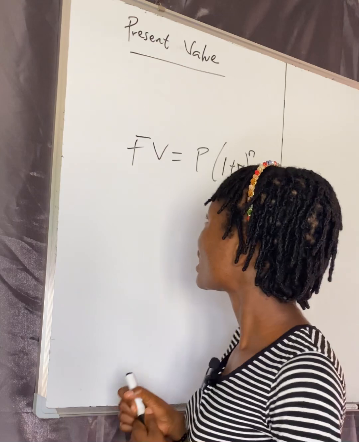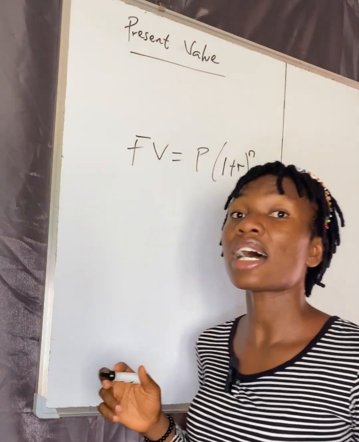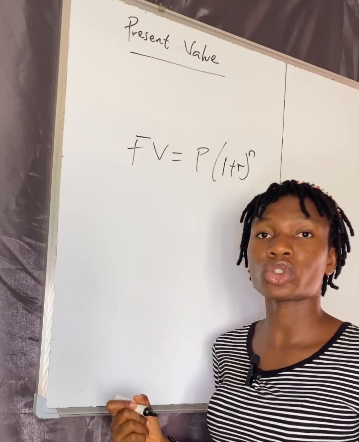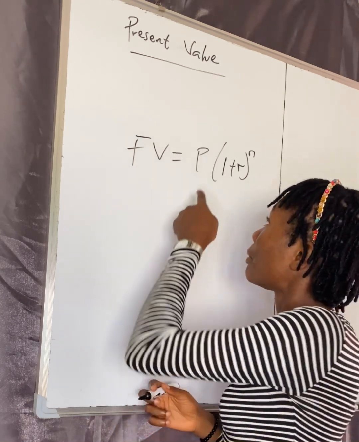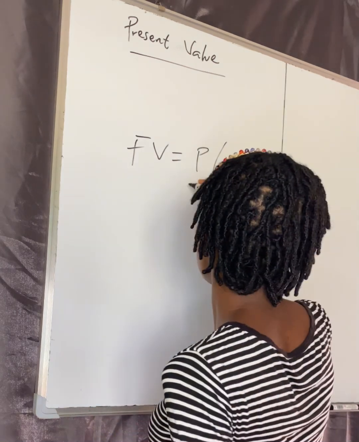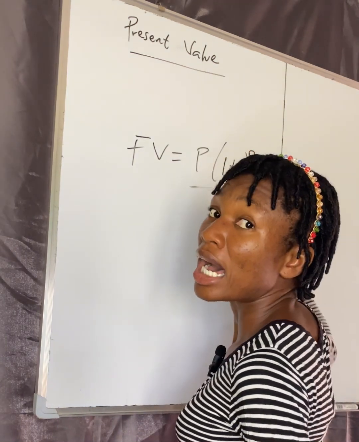In calculating our present value, we observe that we have a bracket, and the bracket symbolizes multiplication. So if we want our present value, which is our P, to stand alone, we are going to divide both sides by its coefficient.